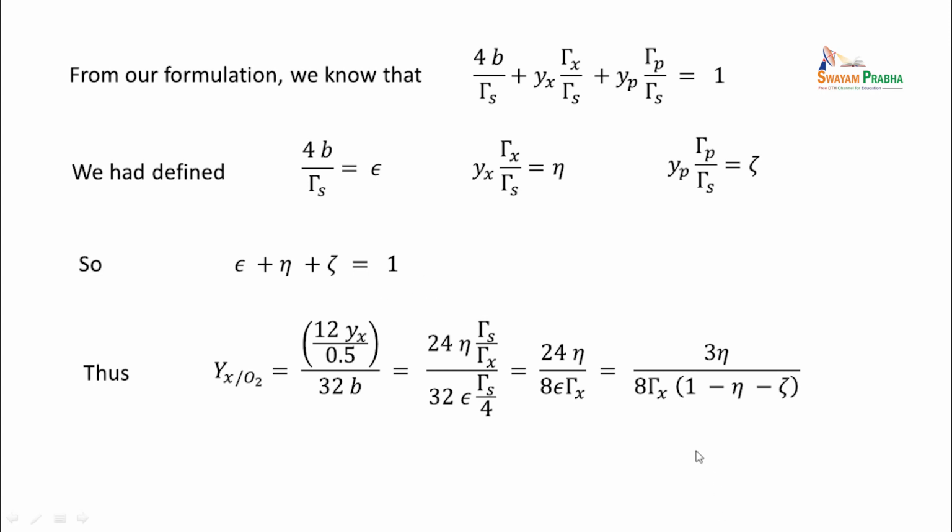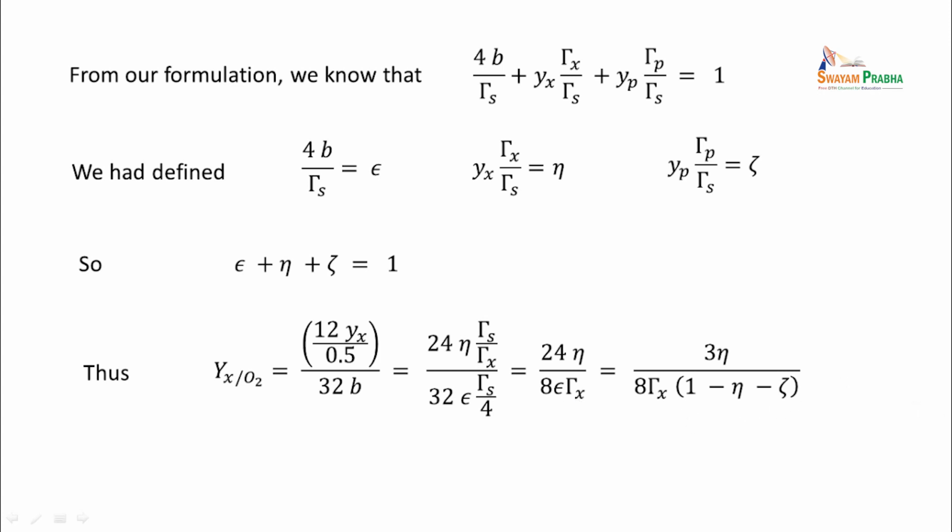So we could write epsilon in terms of eta and xi, which are easier parameters to have. Therefore, epsilon has been written as 1 minus eta minus xi. The 8 is superfluous here, so let's get rid of the 8. 8 goes in 24 3 times, so 3 eta divided by gamma X times epsilon, which is 1 minus eta minus xi.